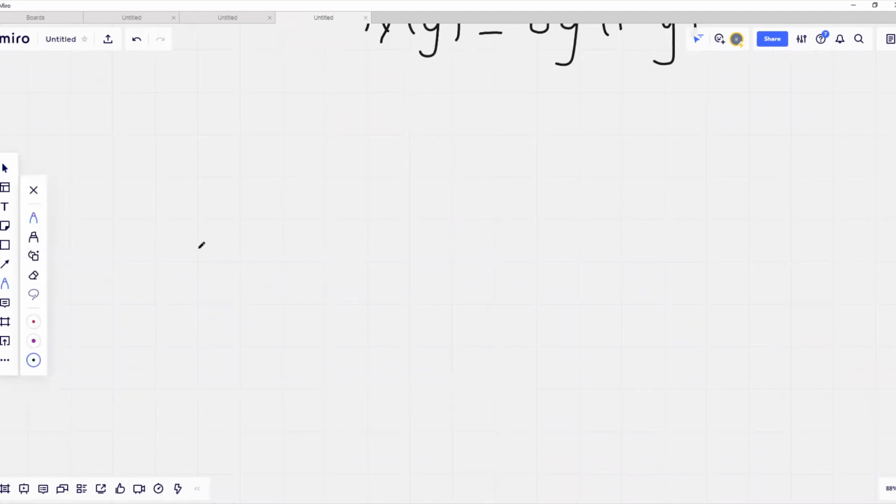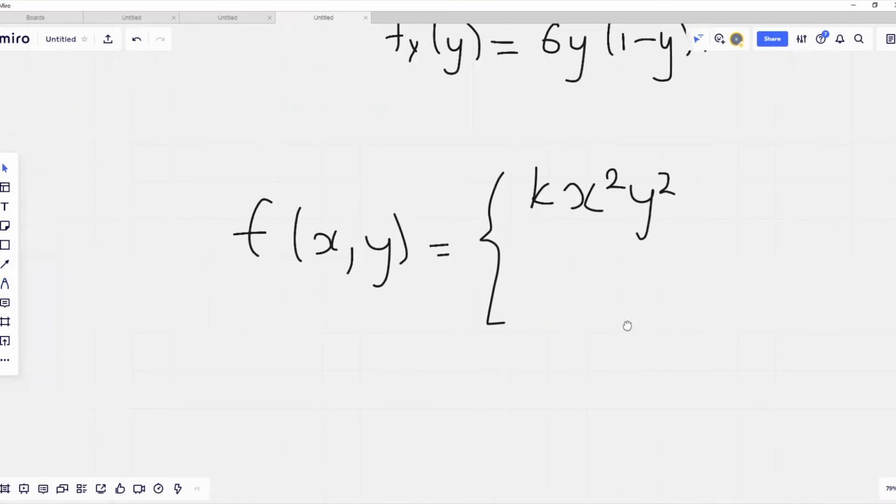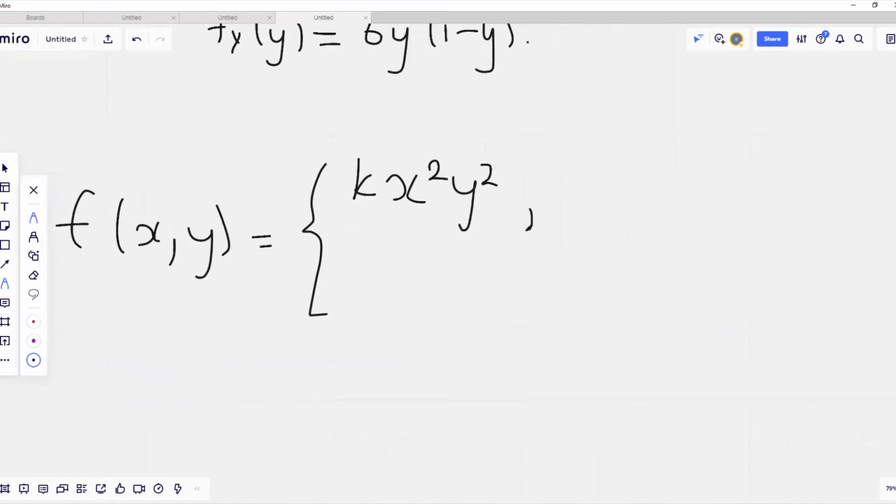Let's assume that our PDF for x and y is defined as follows. It is of the form k x squared y squared when x squared plus y squared is less or equal than 1, and it's 0 outside of here.